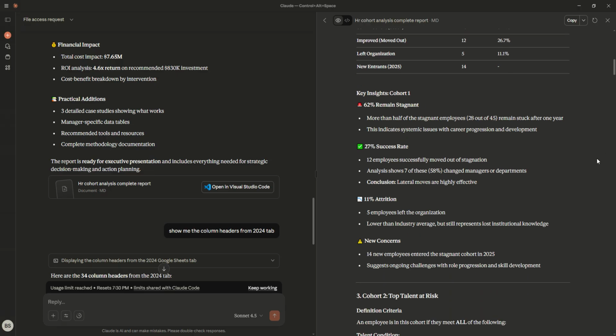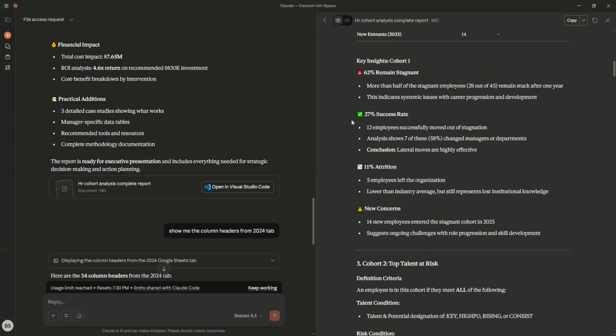These are the key insights from cohort 1 that we have extracted. First, 62% remain stagnant. More than half of the stagnant employees, 28 out of 45 to be exact, remain stuck after 1 year, and this indicates systematic issues with career progression and deployment. Second, 27% success rate. 12 employees successfully moved out of the stagnation.